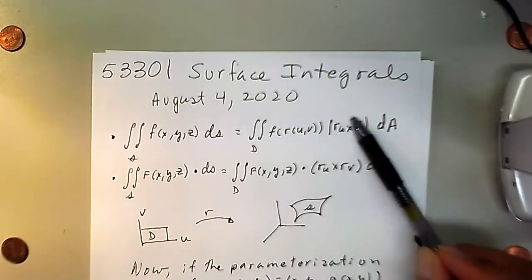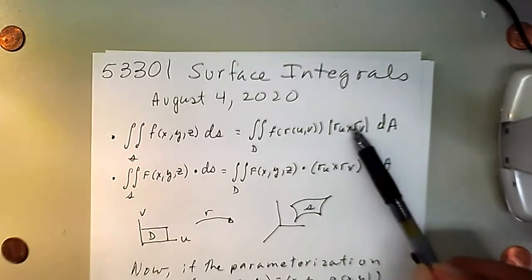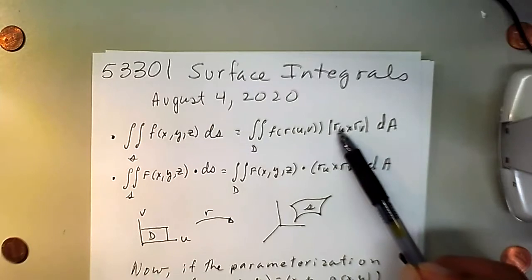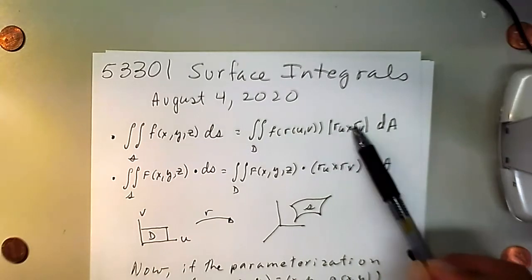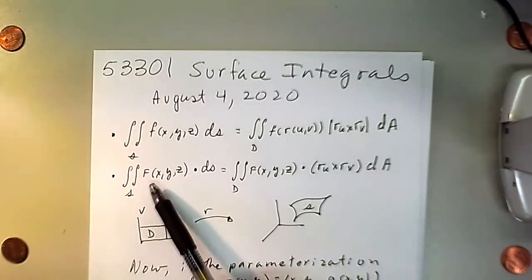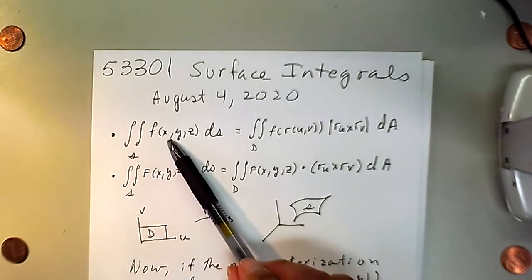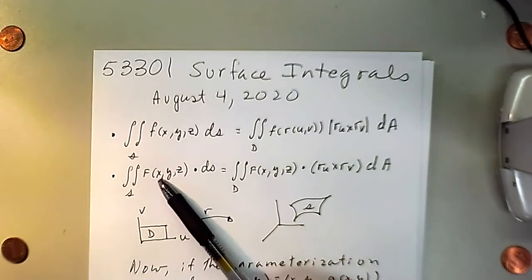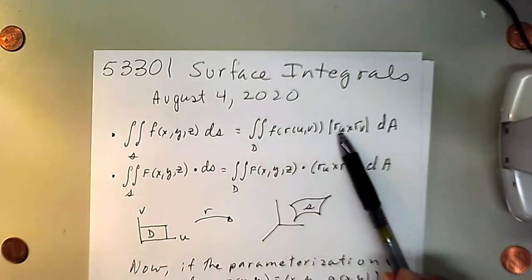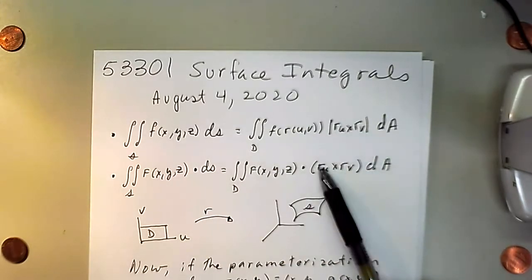But again, we have to take the magnitude of the cross product of the partial derivatives of R with respect to U and V. On the other hand, if we have a vector field, as opposed to a scalar function of several variables, then we still have to do the cross product.